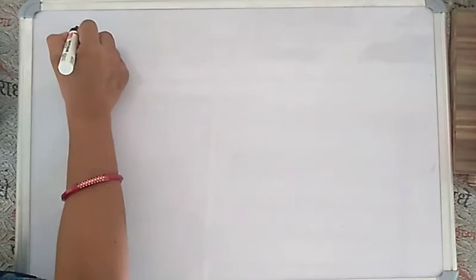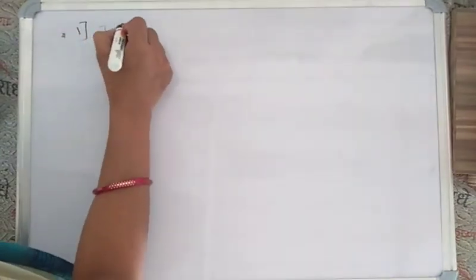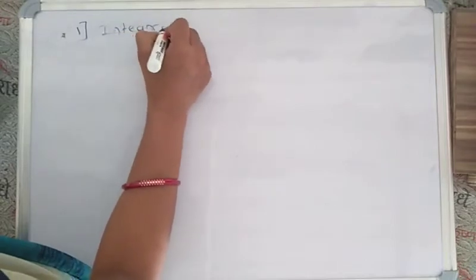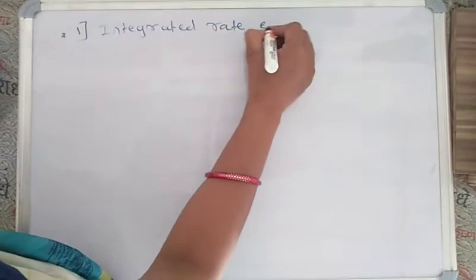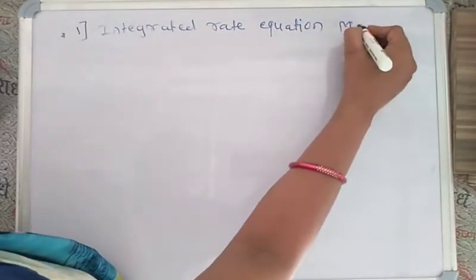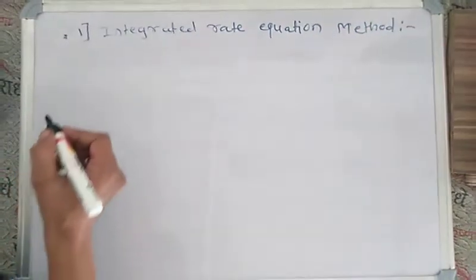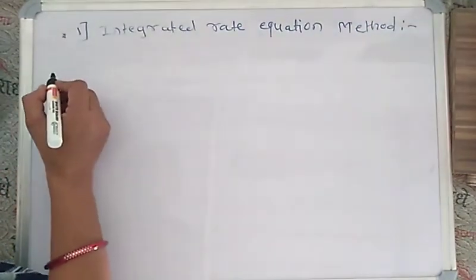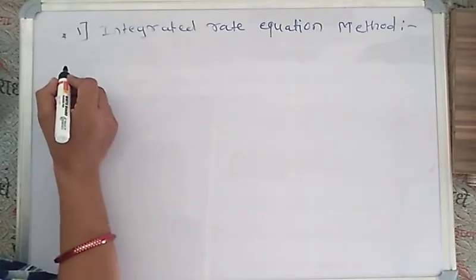First we see the integrated rate equation method. In this method, the concentrations of reactant and product are obtained at different time intervals during the course of the reaction.